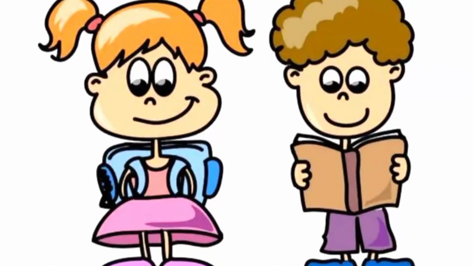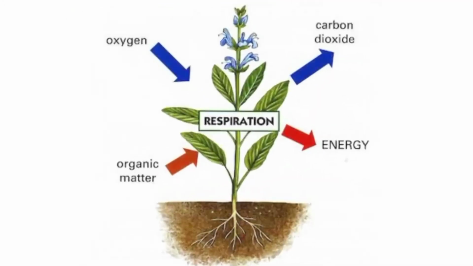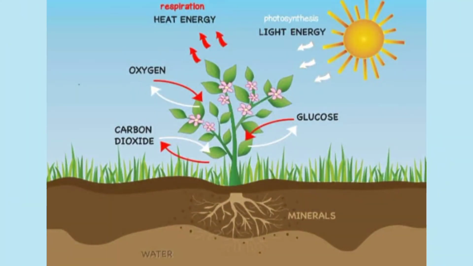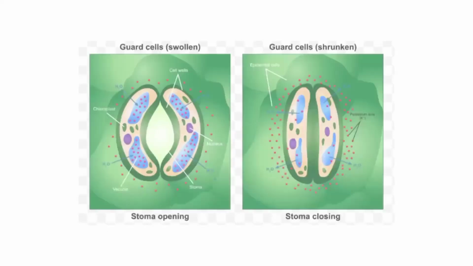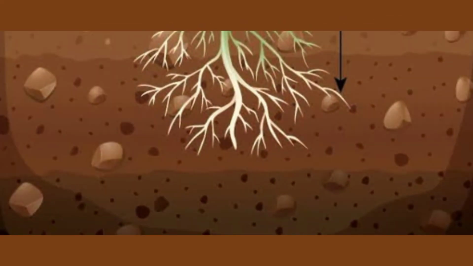Padaku, plants also respire. They also take in oxygen and give out carbon dioxide. As you have learned, plants have tiny pores called stomata for exchange of oxygen and carbon dioxide. Padaku, the root cells also need oxygen to generate energy.